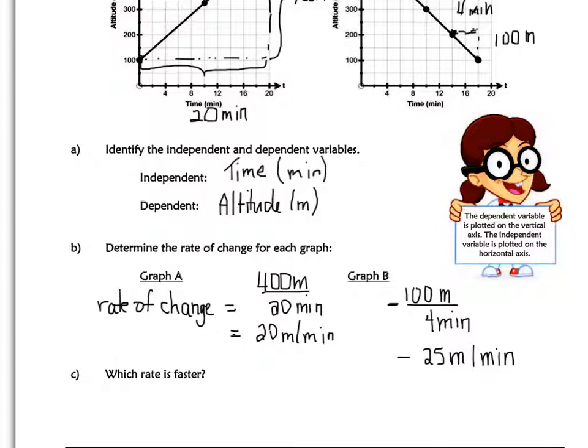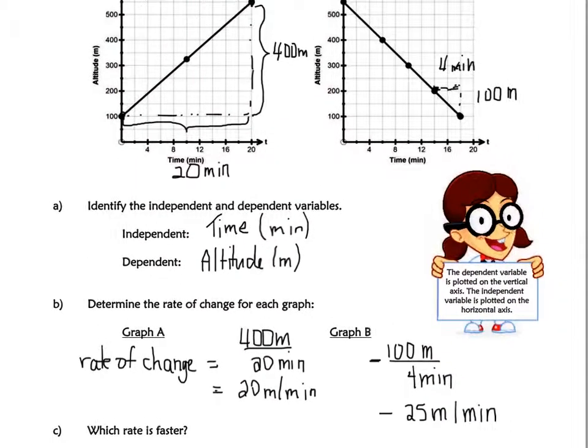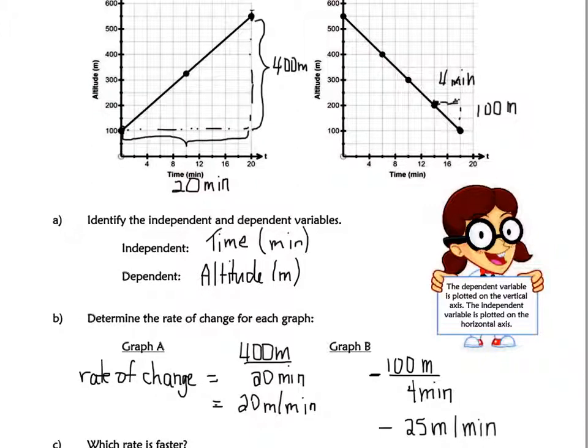So just going back to go over that idea. If you look at it in terms of directions from one point to the other, we went from this point up 100, that's a positive direction, and left 4 minutes, so that would be a negative direction. So 100 over -4, you can do it that way, like rise over run, or you can just count how high you've gone up for the change in the dependent values, then count the change in the independent values, and then look at the shape of the line.